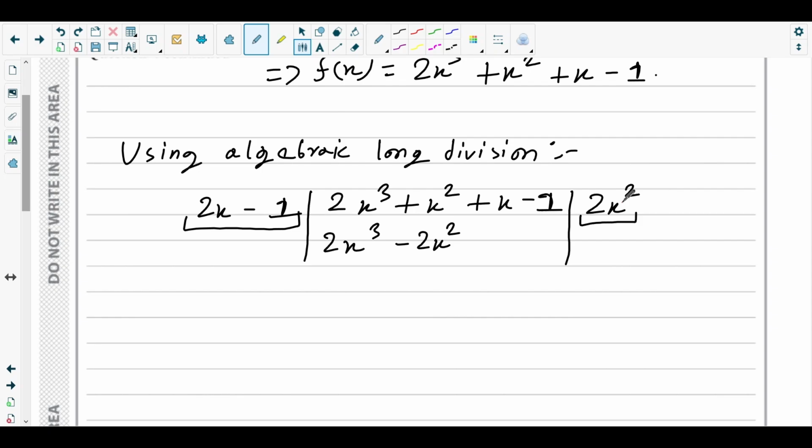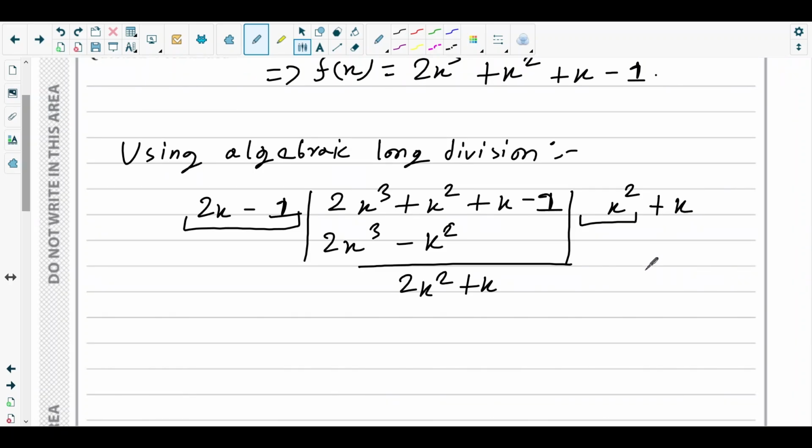So we pick x squared, because x squared times 2x will give you 2x cubed, and x squared times negative 1 is negative x squared. So x squared plus x squared becomes 2x squared, plus x. Now, to eliminate 2x squared, we have to put plus x there.